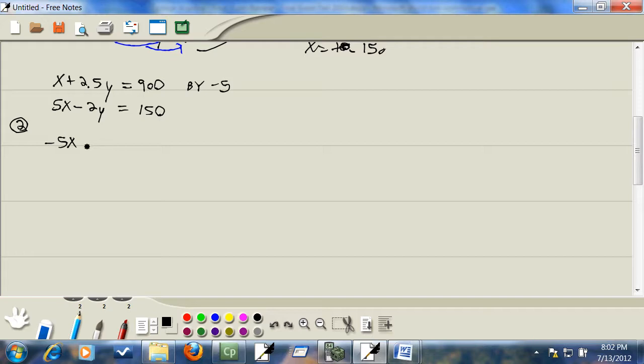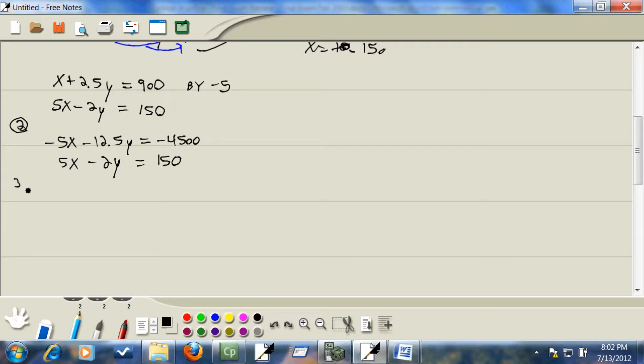We get negative 12.5y. And negative 4,500. And then I got 5x minus 2y here equals 150.